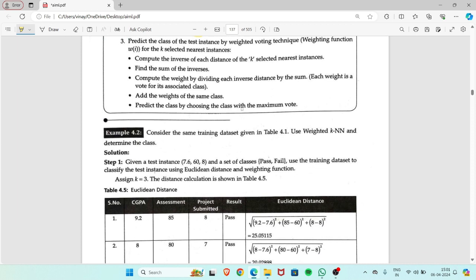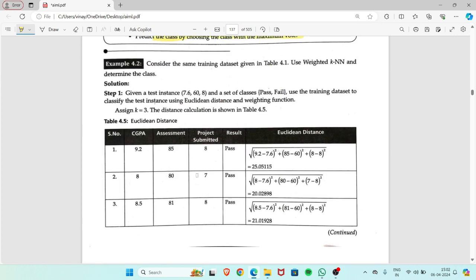In that step, you compute the inverse distances, find the sum of those inverses, and compute each weight by dividing each inverse distance by the sum. Then add the weights of the same classes, and whichever class has the maximum vote will be the predicted class. So here we are doing some extra steps.